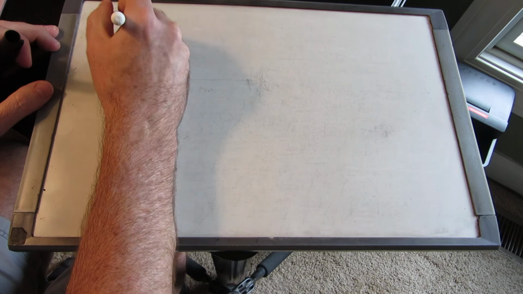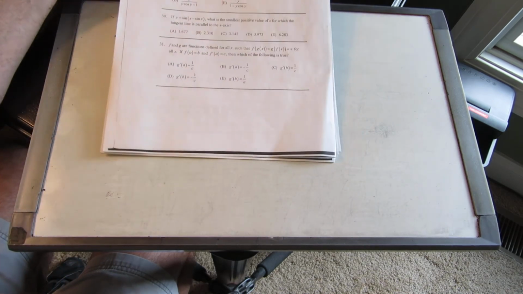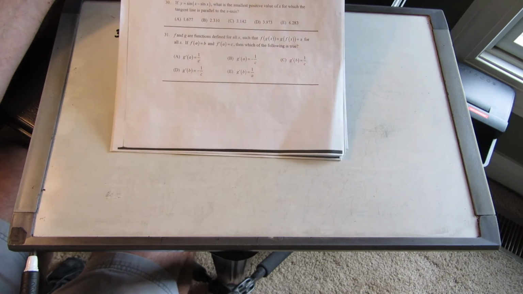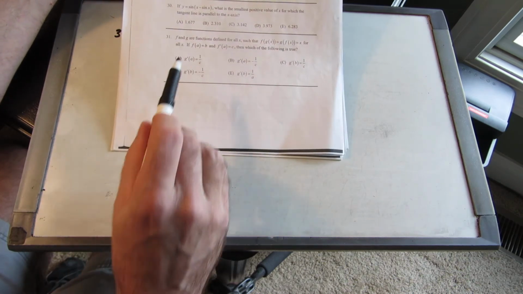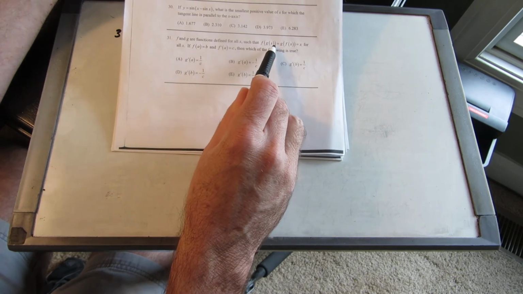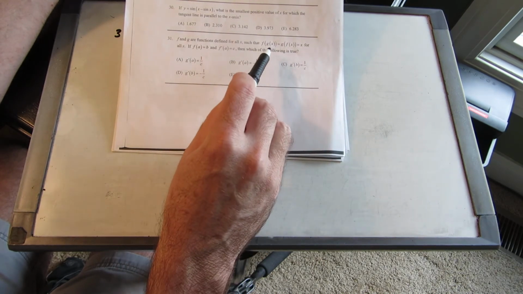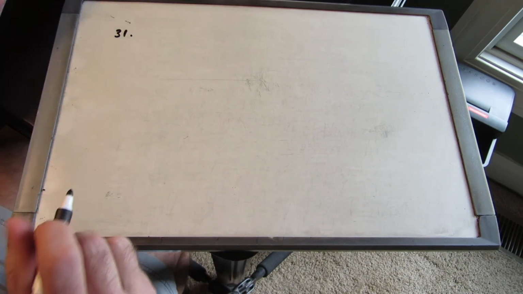All right, number 31. 31 is kind of like we had a worksheet, and what you have to realize is that 31 is inverses. Okay, so f and g are functions defined for all x, so that f of g of x is equal to g of f of x is equal to x. That means that f of x and g of x are inverses.